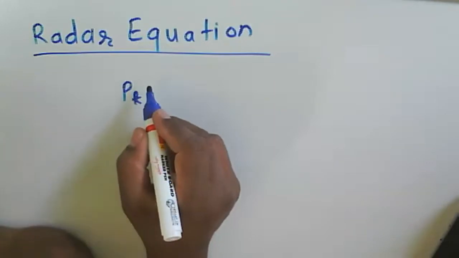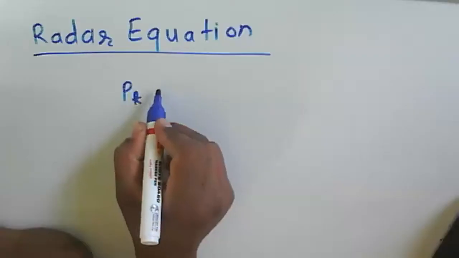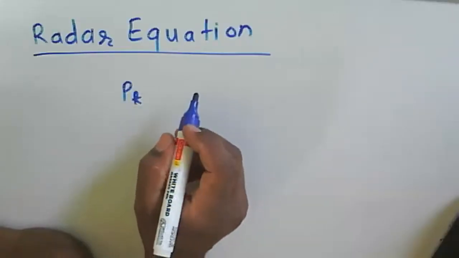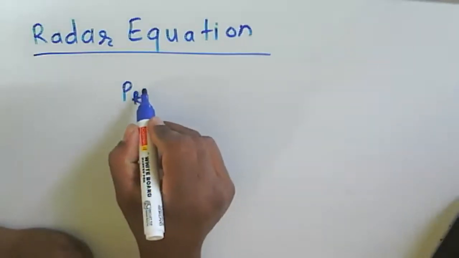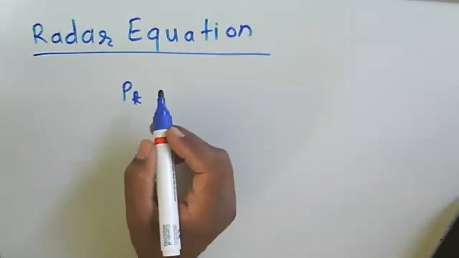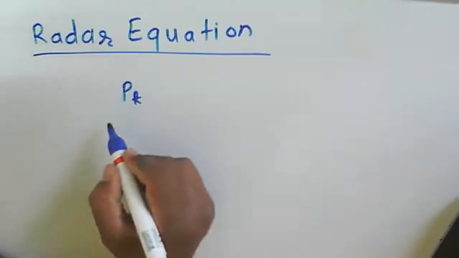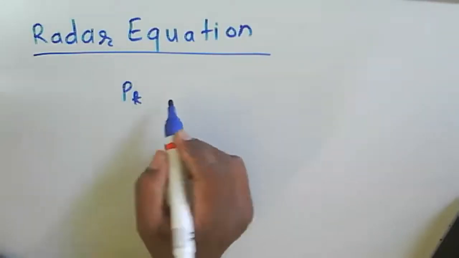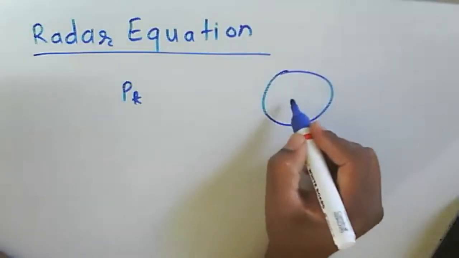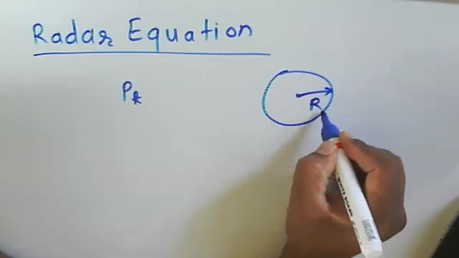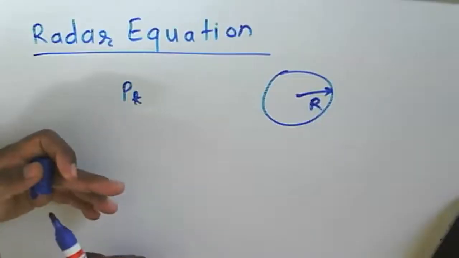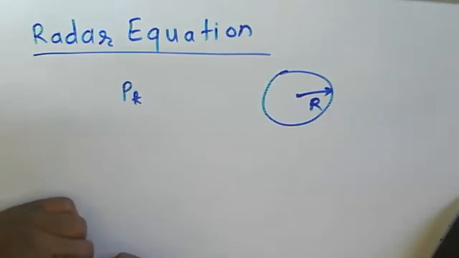In that case, we are supposed to consider the power transmitted by the given antenna, which is an isotropic antenna, with an imaginary sphere of radius r around it.